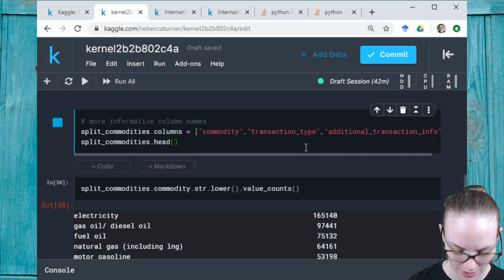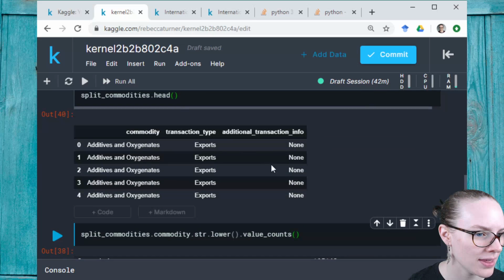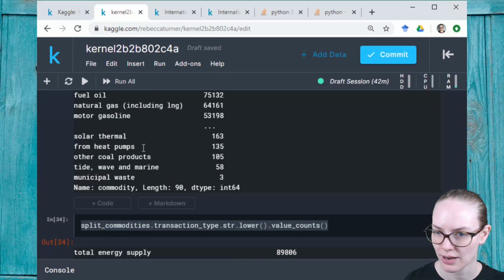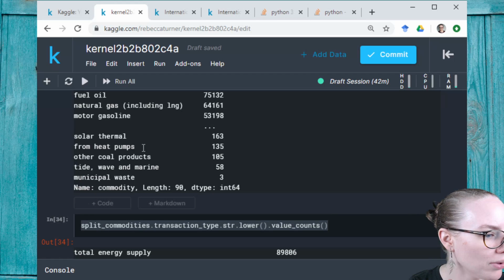So now we should be able to just repeat all of this. That looks good. And now when we look at the commodities, we shouldn't have those guys. Fantastic. Problem fixed.